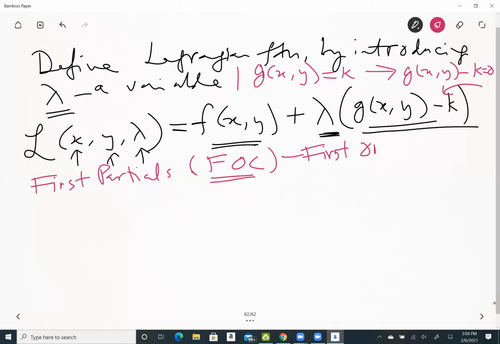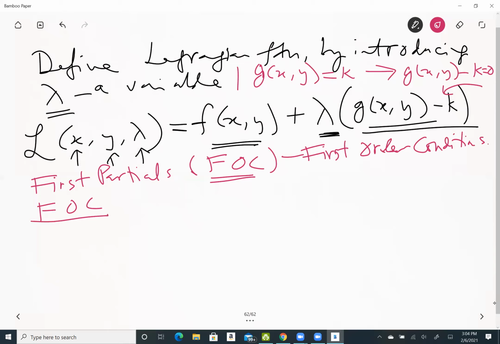First order condition means the conditions on the first order derivative, the first partial derivative. In short, we just call it FOC.